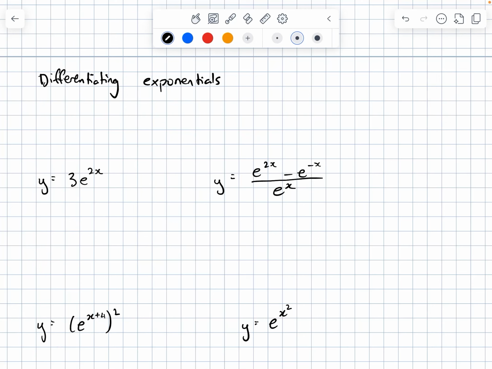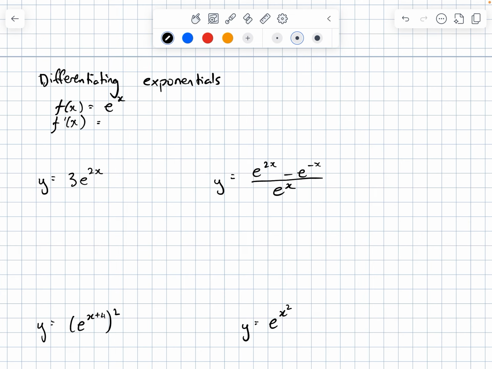In NCEA Level 3, we are only going to be looking at one type of exponential, and that is an exponential in the form function of x equals e to the power of x. Now, the function e to the power of x was designed to differentiate to itself.